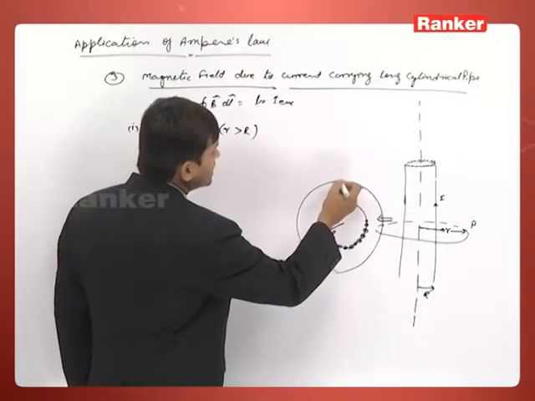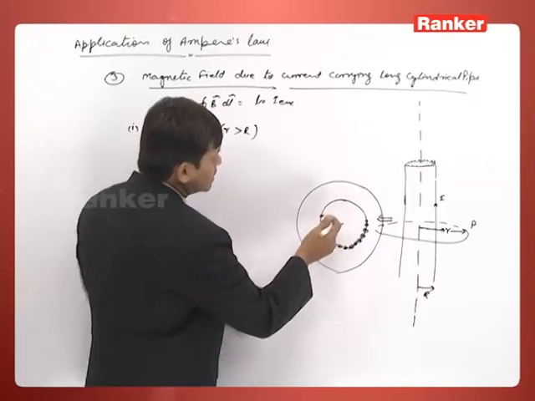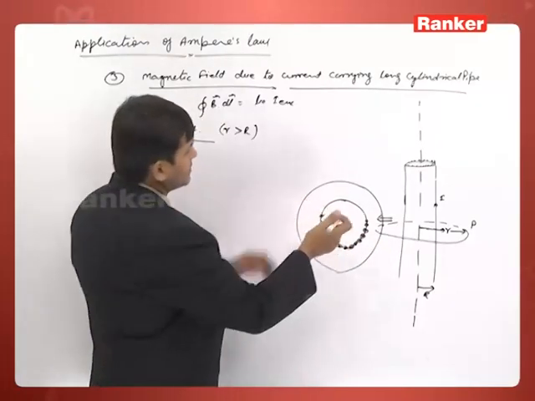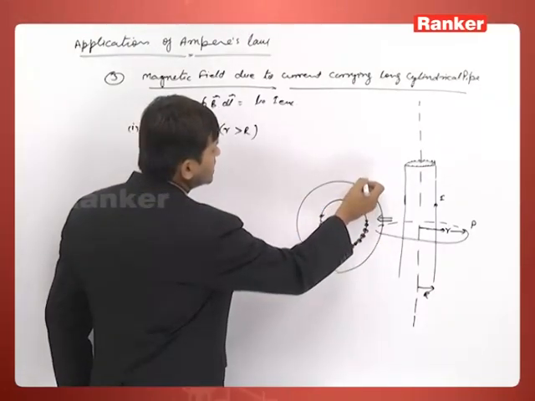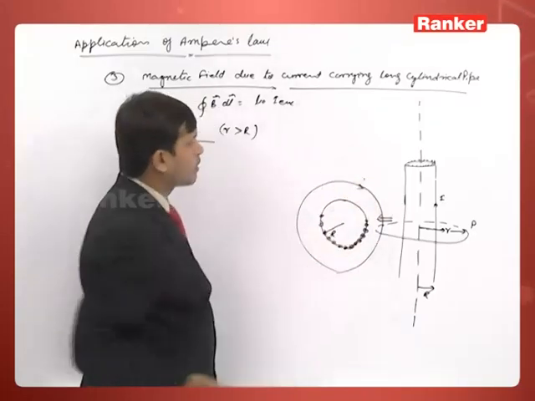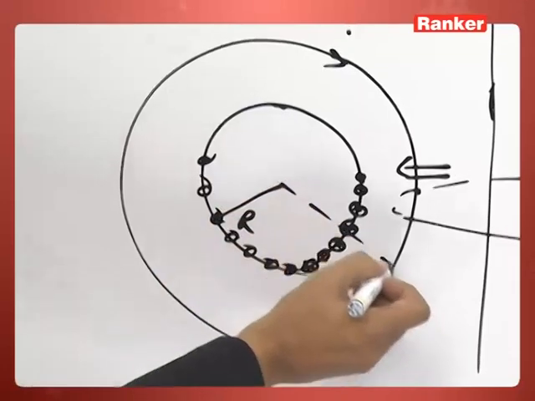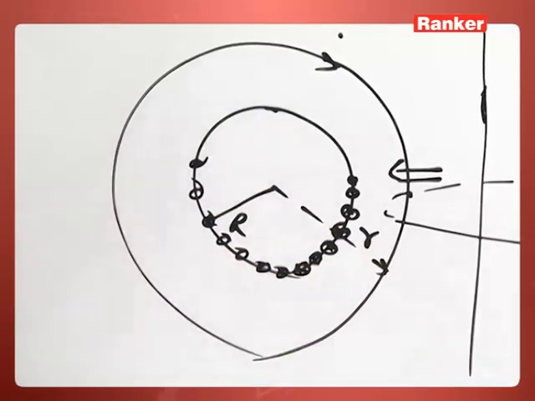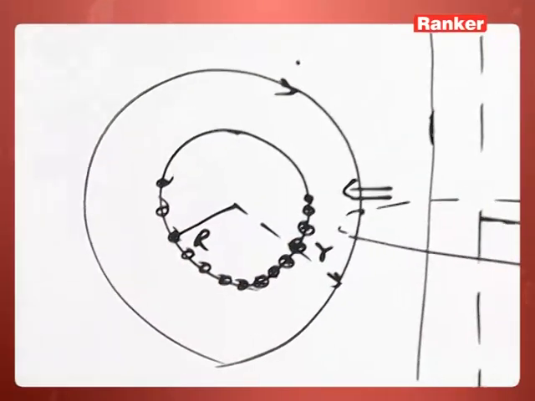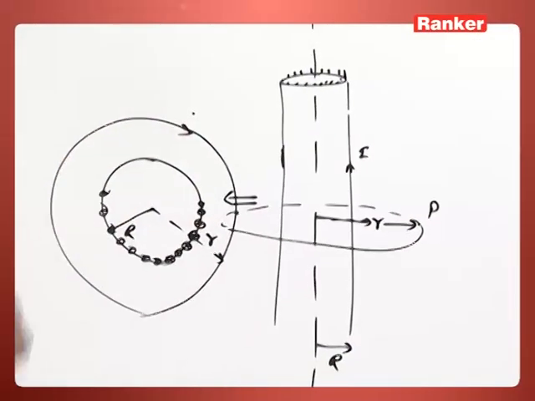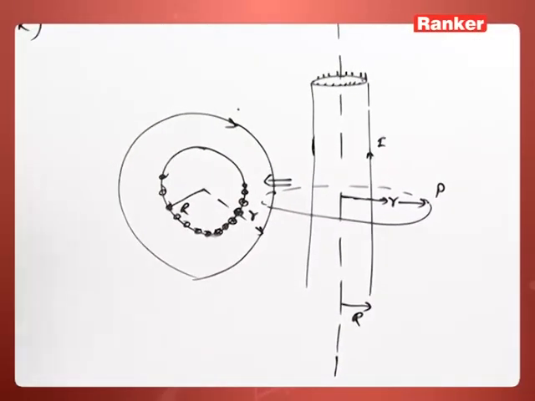The current is a cross, meaning inward. If we move in the clockwise direction, by the same method we apply Ampere's law.